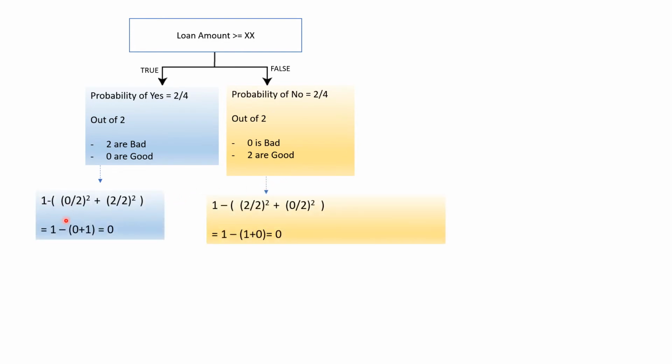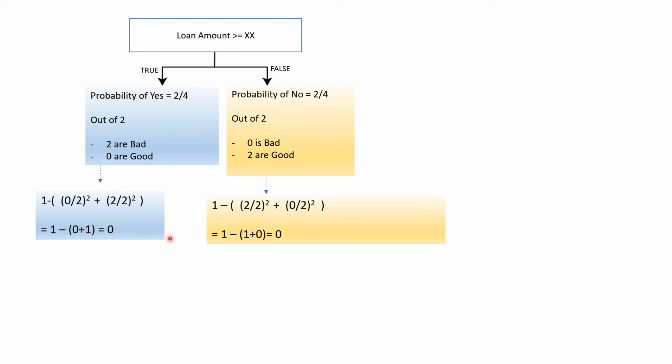Now, as we have done before, applying the Gini index, we have to take the sum of squared probabilities. So probability of good plus probability of bad, each squared, and we add this. So here we get 0 and here we get 1. So the Gini index comes out to be 0 over here. Why is the Gini index coming out to be 0?